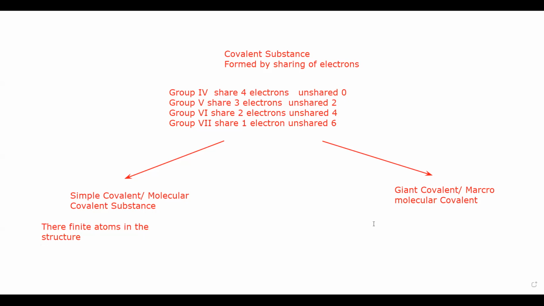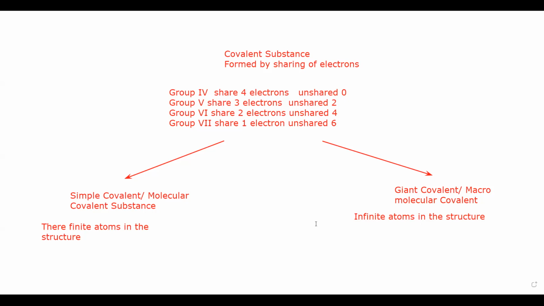Whereas for a giant or a macromolecular substance, they have infinite or uncountable atoms in the structure. And there can be many substances which can have an infinite number of atoms in the structure.